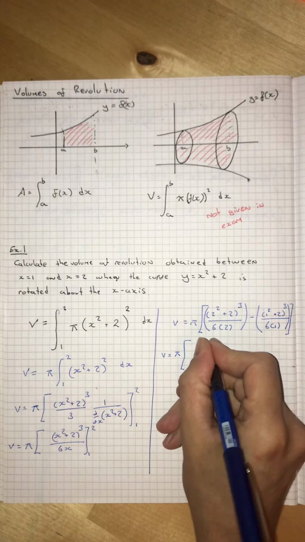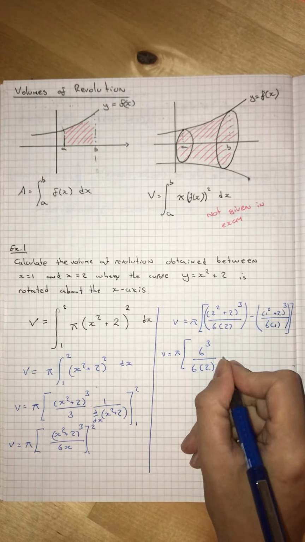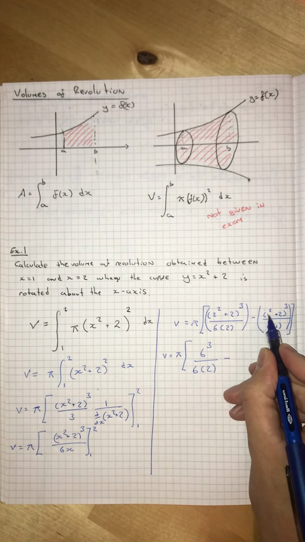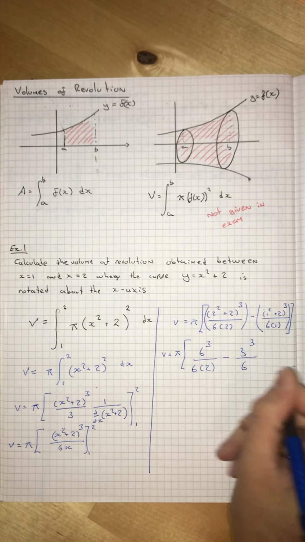So we're doing 6 cubed over 6 times 2, minus 1 squared is 1 plus 2 is 3. 3 cubed over 6.